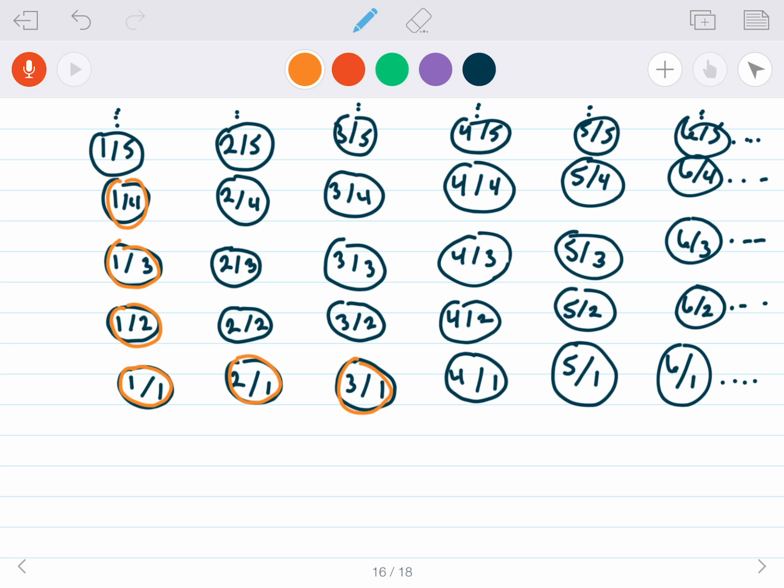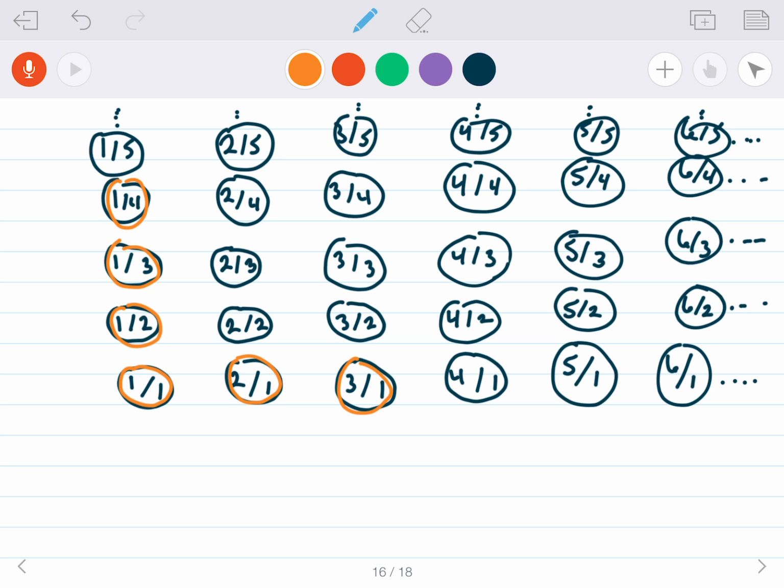So this is how we're going to arrange our infinite list of positive rational numbers. And there are going to be some duplicate numbers in our list, but we don't really care, because if we show that this infinite list, even with the duplicates, is countable, if you remove some elements from a countable set, it's still going to be countable. So once we take out the duplicates, it's still going to be countable.